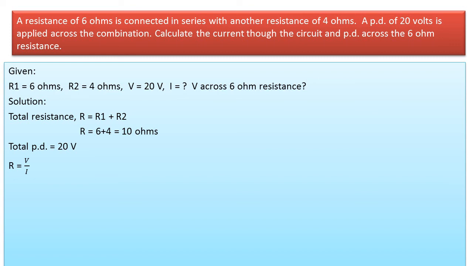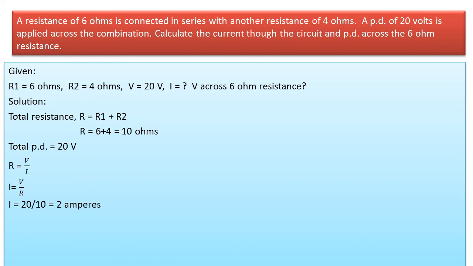R is equal to V upon I. R is known, V is known. So I can be calculated merely by rearranging the terms. I is equal to V upon R. Let us substitute and get the value. So I is equal to 20 upon 10, that is 2 amperes. So this is the value of current that is flowing through the entire circuit.